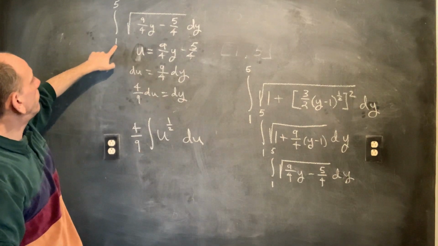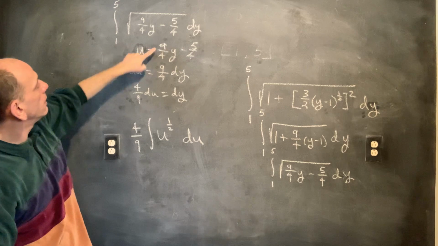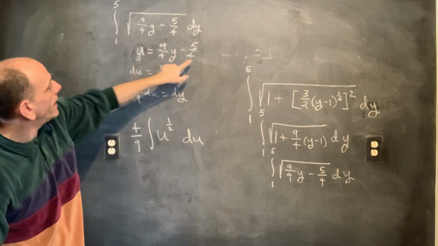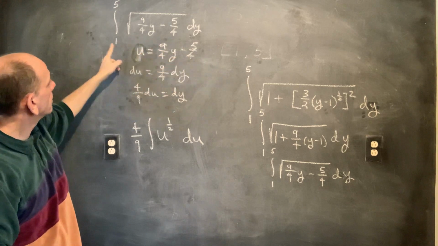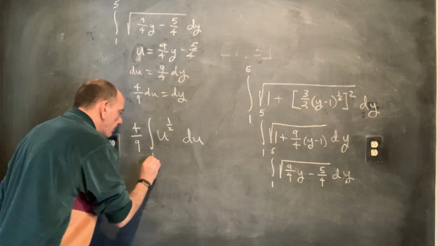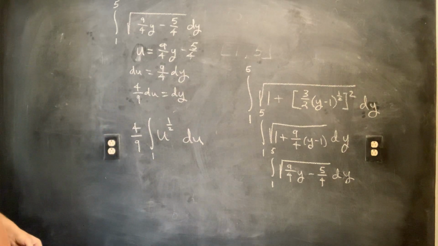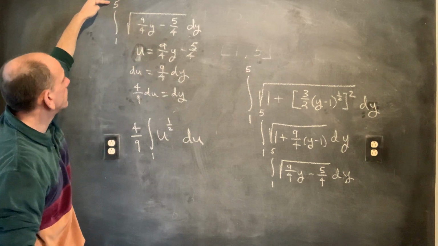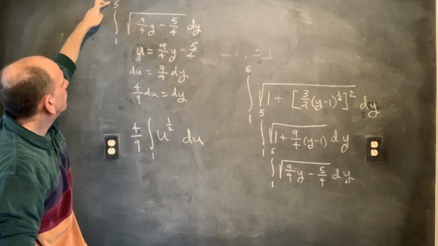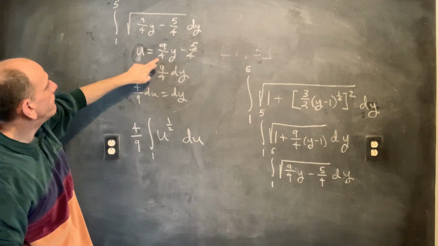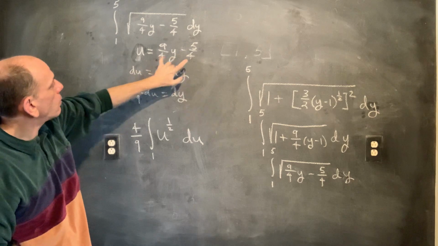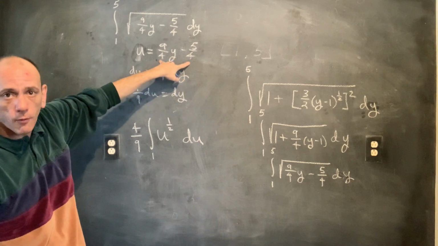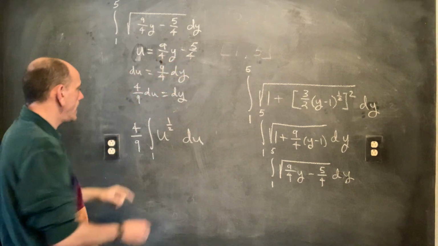If y is 1, then we have 9/4 minus 5/4 is 4/4, so u is still 1. And if y is 5, we have 45/4 minus 5/4 is 40/4, and 40 divided by 4 gives me 10.